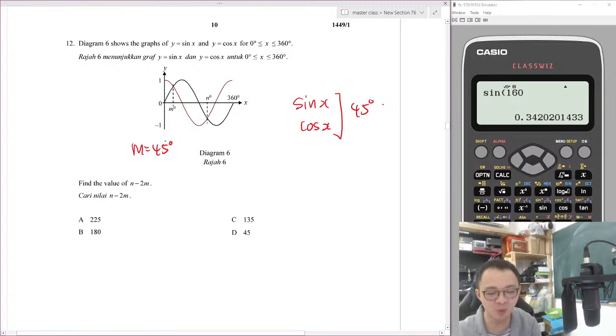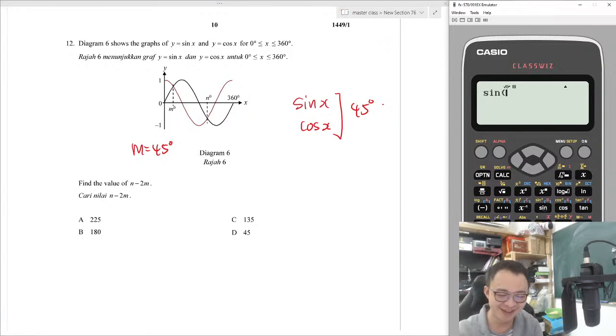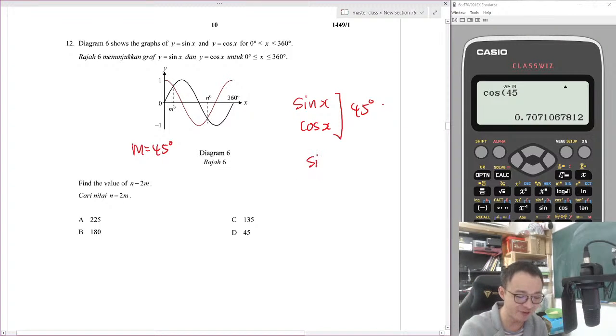And you might ask me why. Then you just type sine 45, you get 0.7071. Then you type cos 45, you get 0.7071. So sine 45 equals cos 45. Equal means intersection.